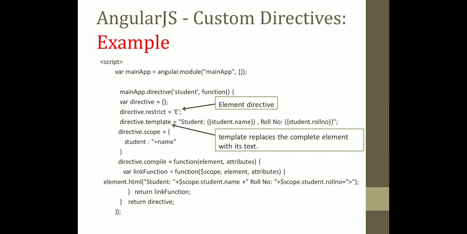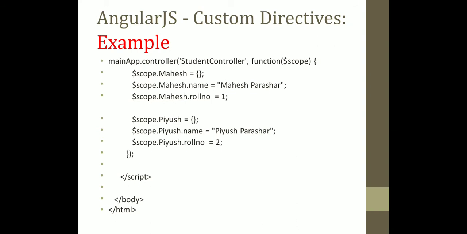So with this you can see the next part, the controller, how that controller is used here. We have defined a controller with the name StudentController, passed a function with the parameter $scope, and with $scope we are providing some details with the student name or that particular student object that we have already created.